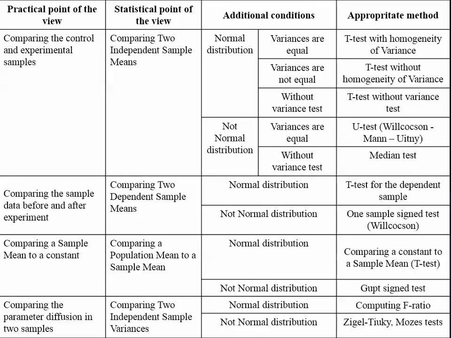Just a simple example. If we have made an assessment that a particular medicine could be used for treatment of some particular disease, we have one group of objects with the illness that are not treated with this medicine, and another that is given this medicine. That's the first example, comparing control and experimental samples.